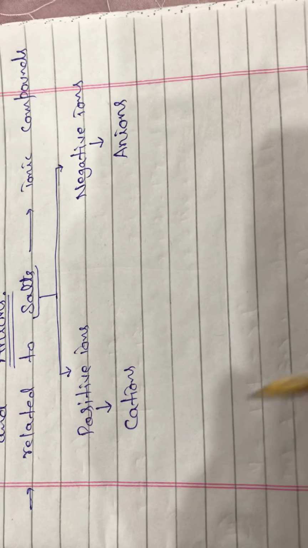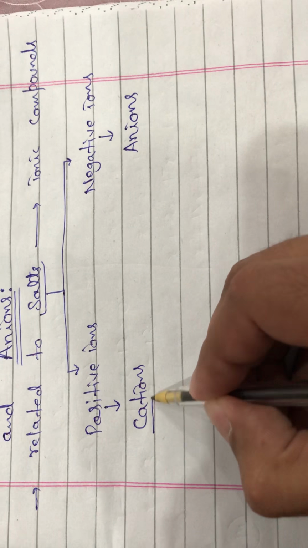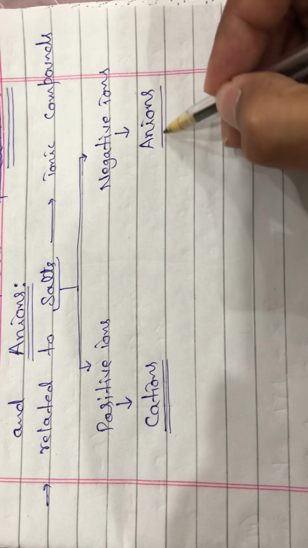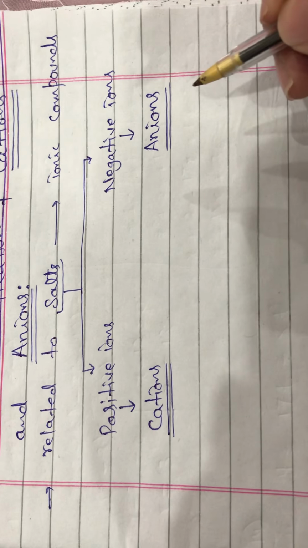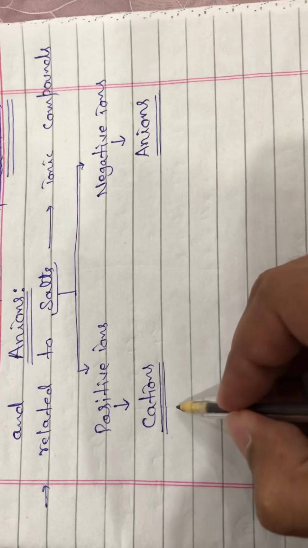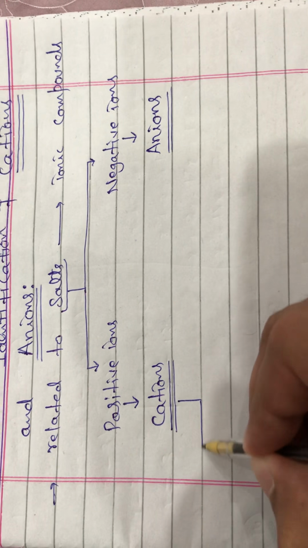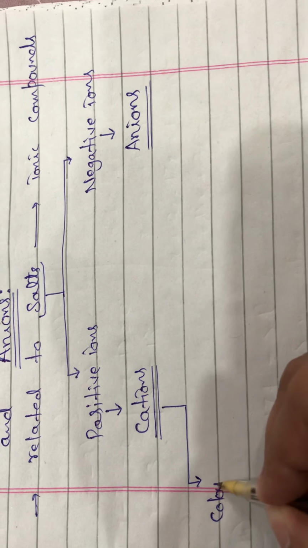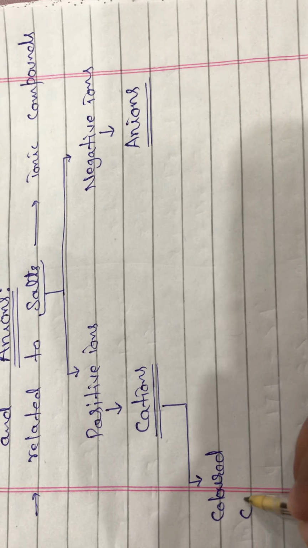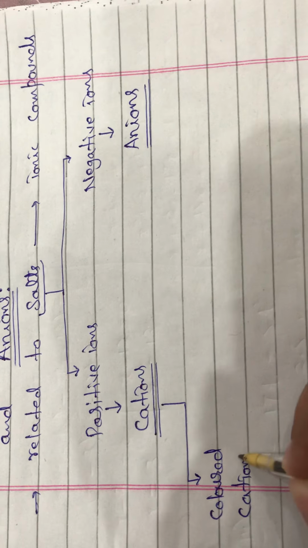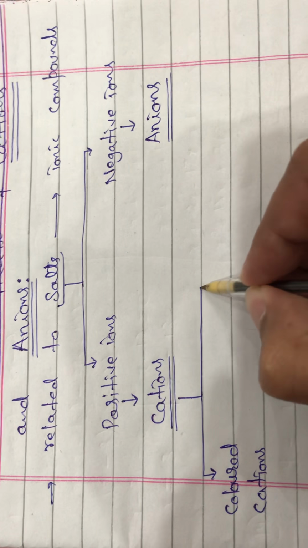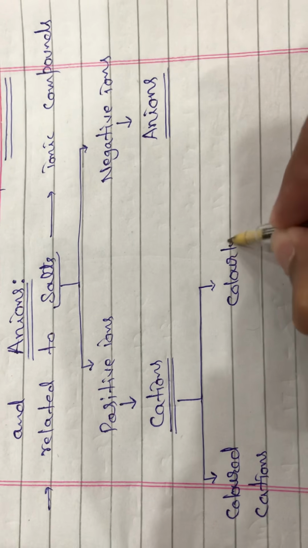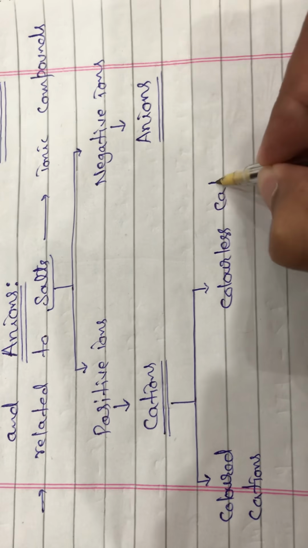So here we go, and we will start our lesson from the cations identification and anions identification. For cations, we have two types of cations. One are known as colored cations, and second are termed as colorless cations.